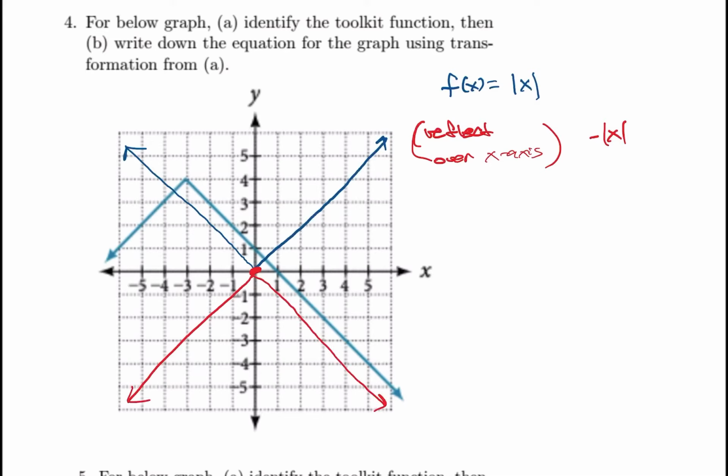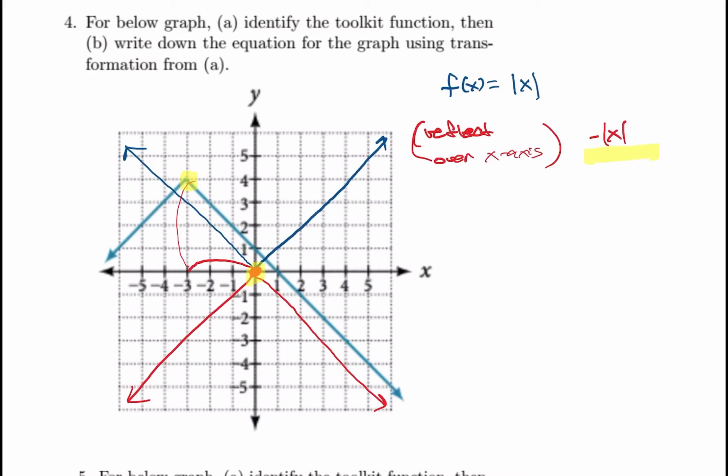From here, we just need to shift it, right? We need to go left 3 and up 4. So think of it as moving the origin. We need to move this point to right here. Then from here, we go left 3 and up 4.